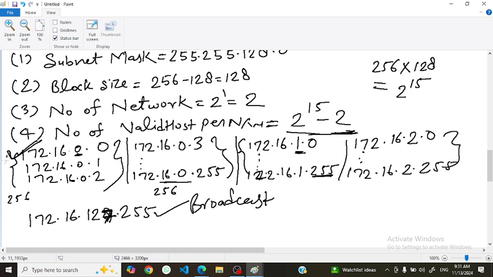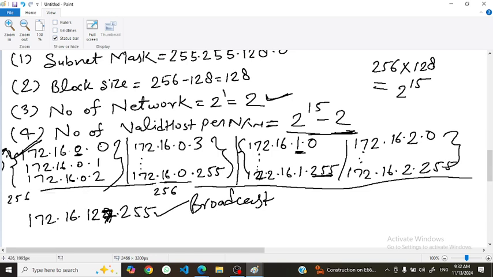This entire range of IP addresses will come under one network because we can make only two networks here. It will start from 0.0 to 127.255. It's all in the same network. These all IP addresses are in the same network, because the number of networks is two, so we can only make two networks here.